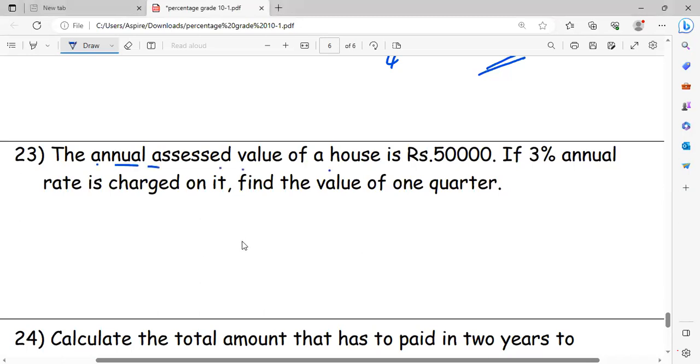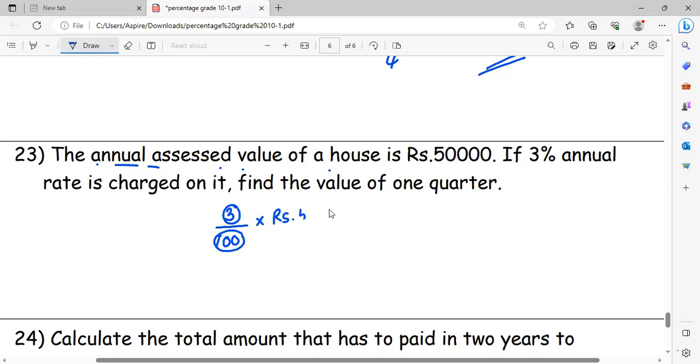Rates per year means percentage of the assessed annual value of the house. Percentage is 3%, that means 3 out of 100. If the value of the house is 100 rupees, then 3 rupees has to be paid. It is multiplied by the given value, the assessed annual value.